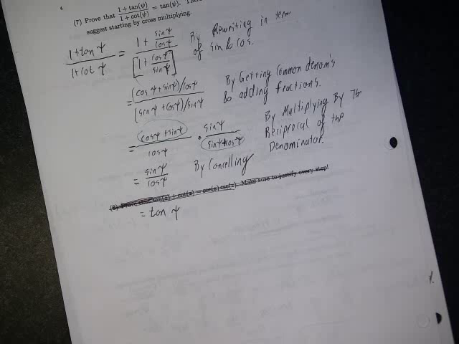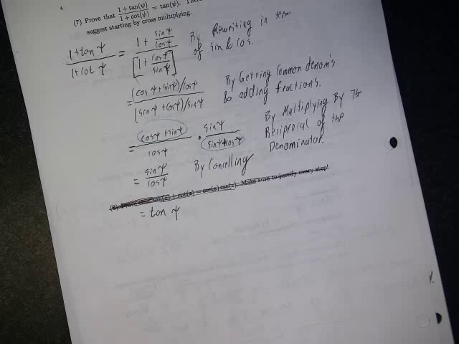You'll notice the right-hand side just has a tangent. Can you re-express everything on the left-hand side in terms of tangent? What is cotangent in terms of tangent? It's the reciprocal of tangent, right? So I could replace that cotangent with 1 over tangent. Let's try that instead.